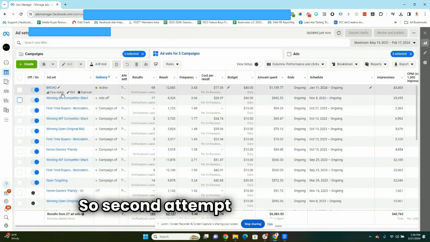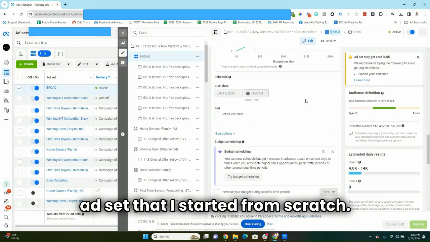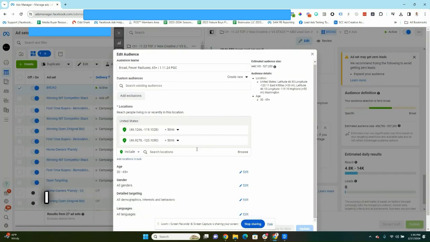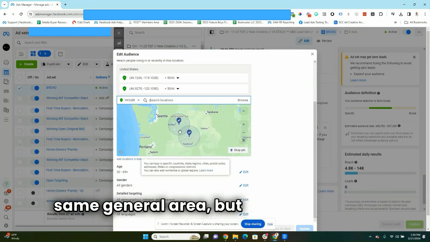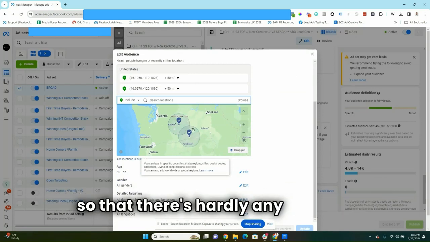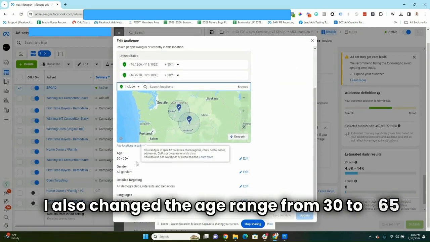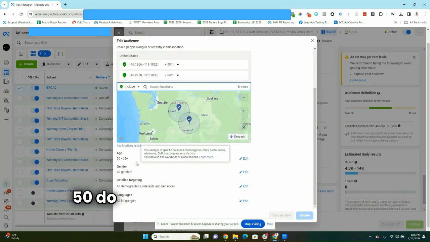So second attempt here. This is an ad set that I started from scratch. First thing I did was make a new target audience. I consolidated all those targeting radiuses, covering the same general area, but far less of these so that there's hardly any overlap. Much more simplified approach. I also changed the age range from 30 to 65 or 65 plus because, believe it or not, people over 50 do want to get their bathroom or kitchen remodeled. 50 is actually pretty young.